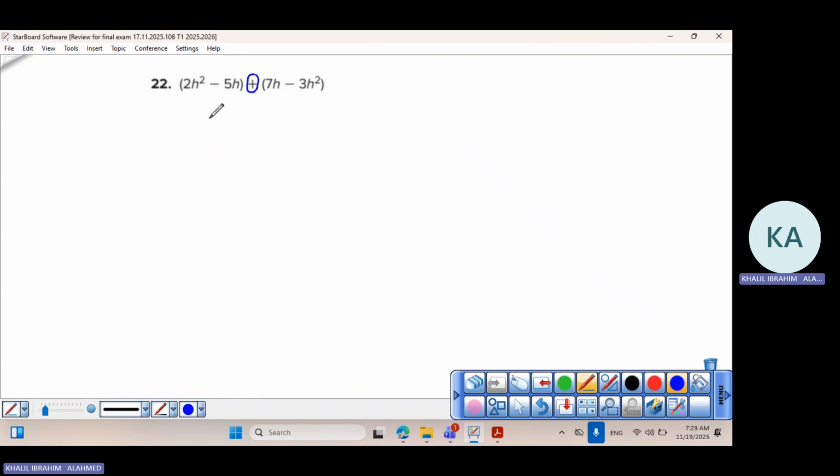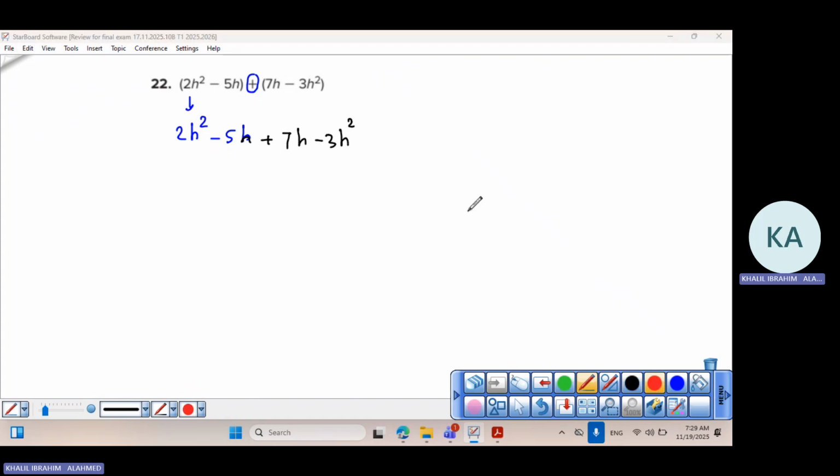Be careful about this note, it's very important. Here, as you see, this is the same: 2h square minus 5h, plus, this is h, be careful, not b, plus 7h minus 3h square.